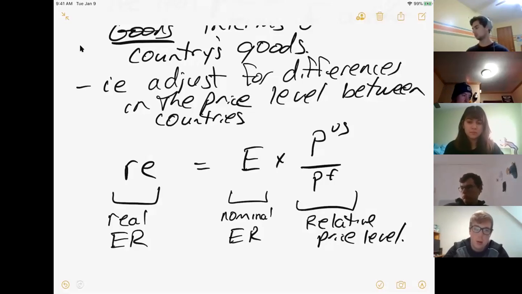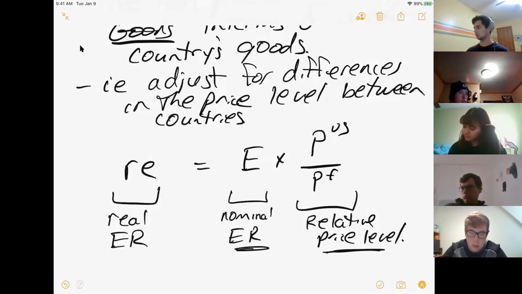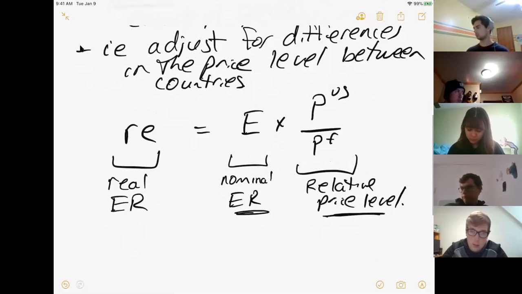So I'll be like, well, 40 euros is probably like $45. And then you think about, what is the price of this similar sweater in the United States? And you might say, in the US, I could probably get that for 35 bucks. So this is expensive, right? What you're doing there is calculating a real exchange rate. You just don't call it that. That's what we're doing here. You take the nominal exchange rate, and then you think about the relative price level between the two countries. That then gives you the real exchange rate, the real price of goods between countries.